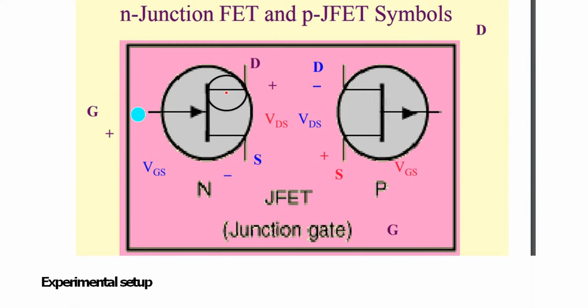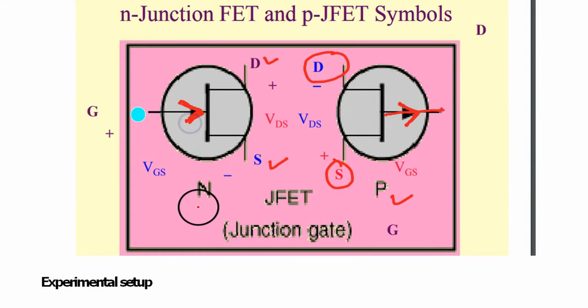This is the symbol for N-channel, like this is the source, drain, and the gate. If N-channel, the arrow is inward. For the P-channel, like this is the source, this is the drain, and the gate arrow is outward. If the gate arrow is outward, it is P-channel. If it is inward, it is N-channel.